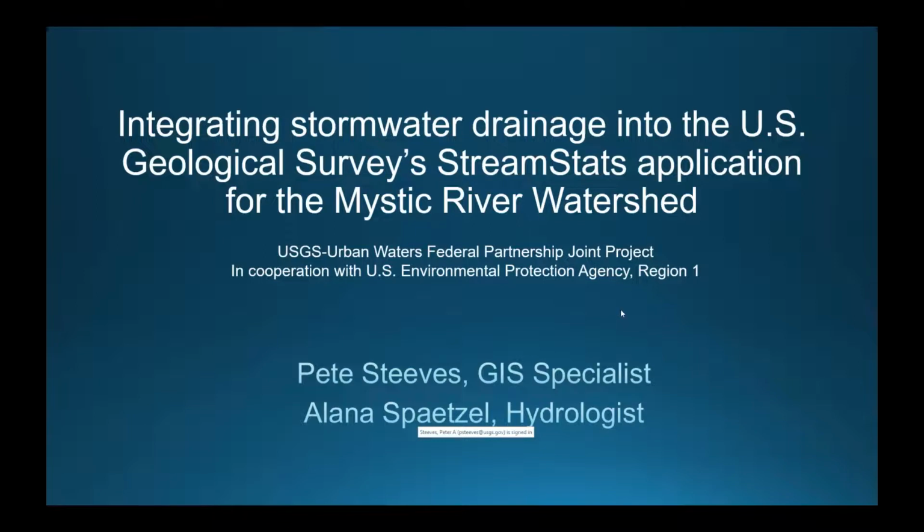In this particular case, the Mystic River Basin Watershed. I have a base map that shows you just where that is in the Boston area. It's coming up, but just hold tight with that. And this is a USGS Urban Waters Federal Partnership joint project in cooperation with EPA Region 1.